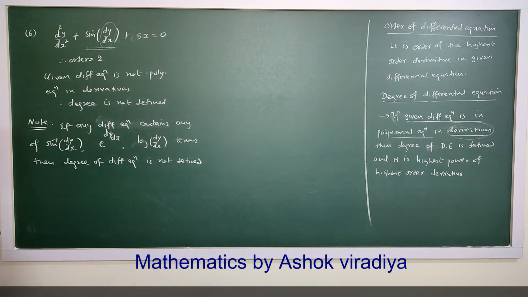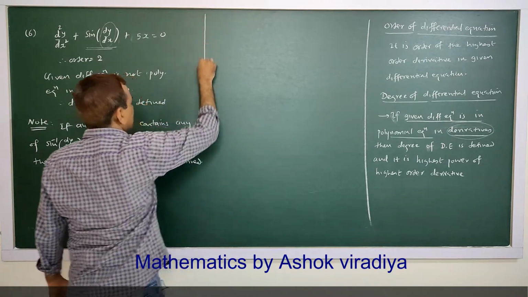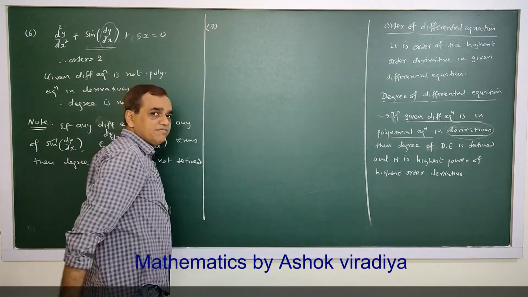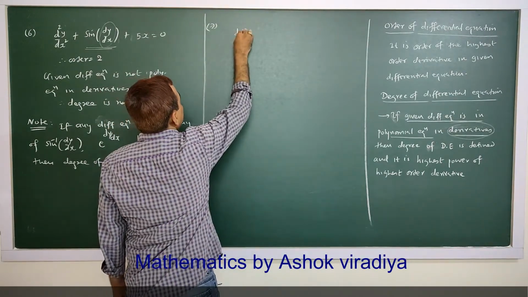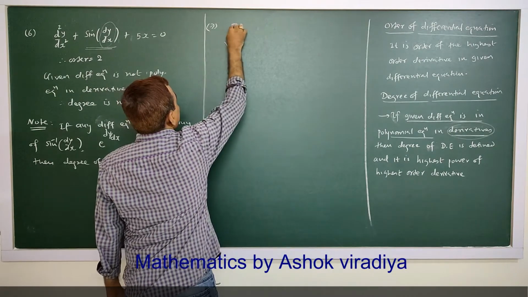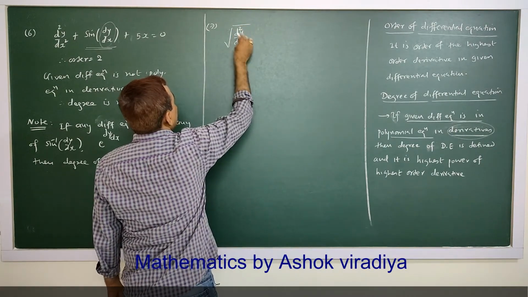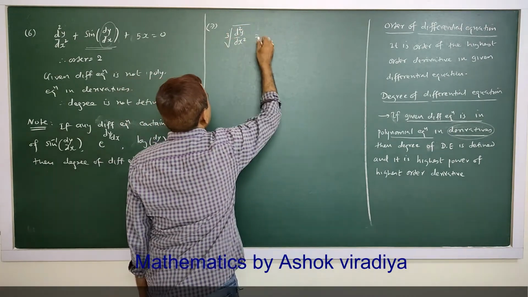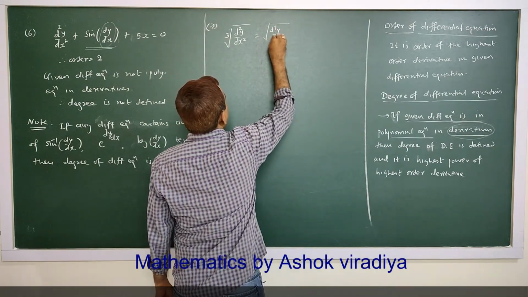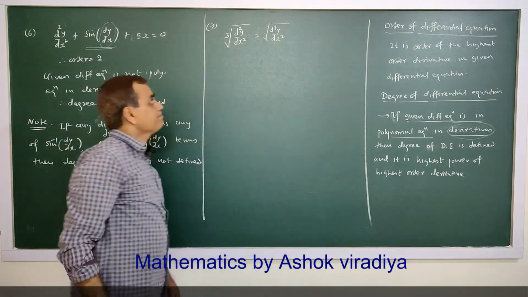Now I take one more equation. Suppose we take the cube root of d square y by dx square equal to the square root of d cube y by dx cube.